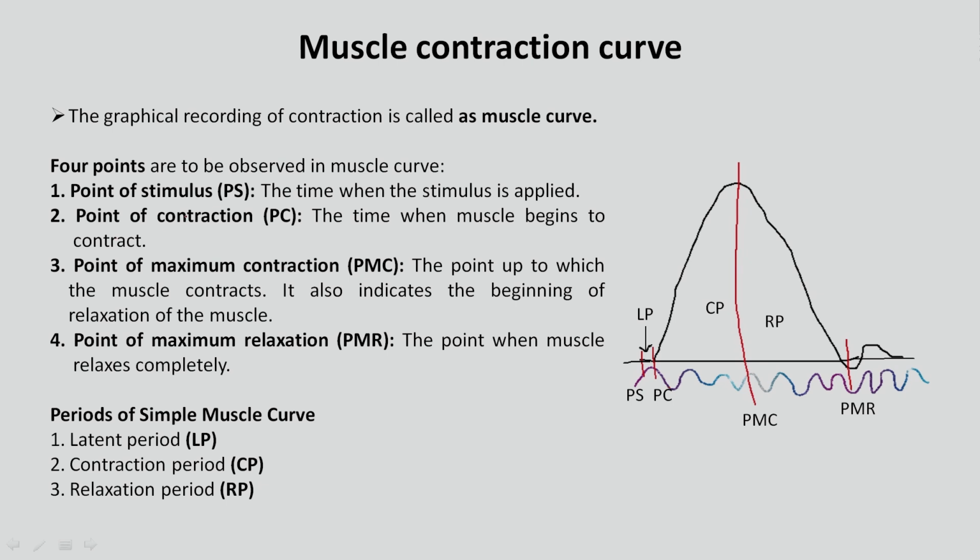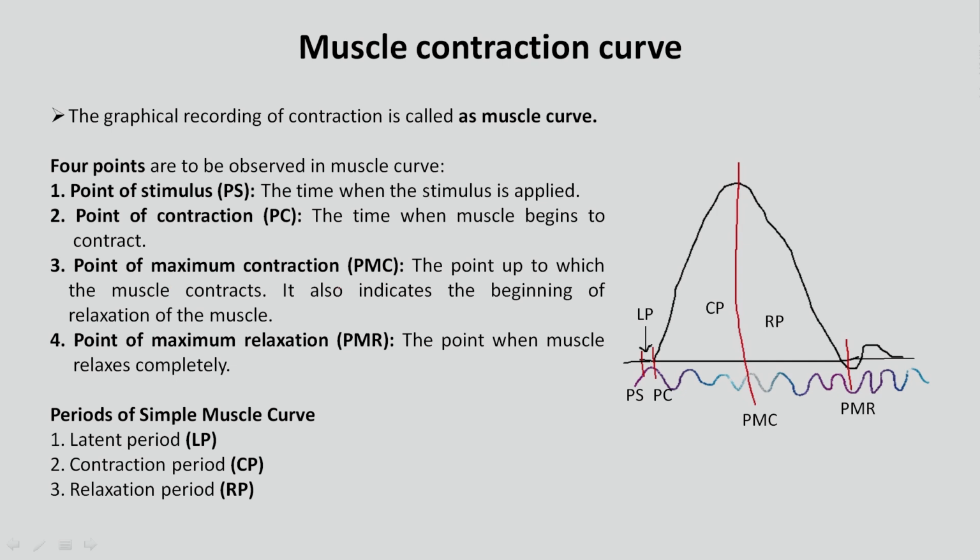If you see the graph of this muscle contraction curve, you will find 4 important points. One is called the point of stimulus, meaning the time when the stimulus is applied over the muscle. Then second is the point of contraction, meaning the time when the muscle begins to contract, called PC.